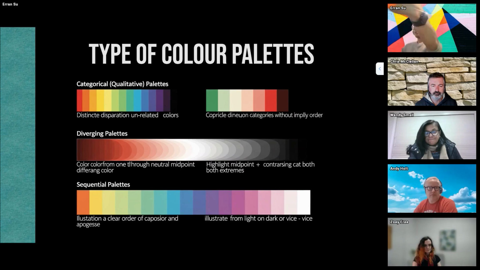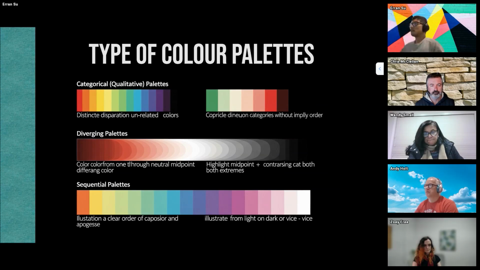The second type, which is the third row, is the sequential palette, where the colors sit next to each other on the color wheel. Okay, so usually we want to represent numbers from low to high.